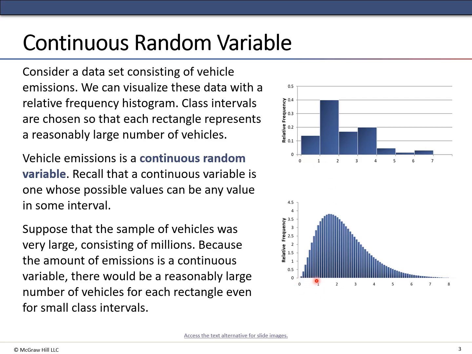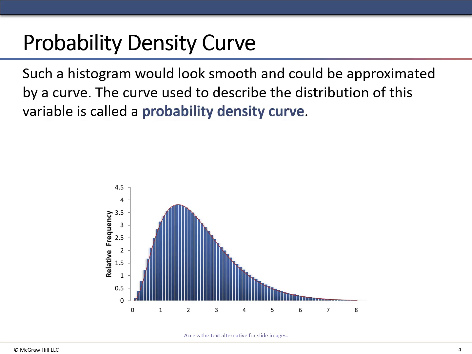Here, it looks like about 10 classes between 0 and 1. And so you get a better idea of the shape of the data with smaller groupings of responses. Such a histogram would look smooth and could be approximated by a curve, assuming there are millions of data points.